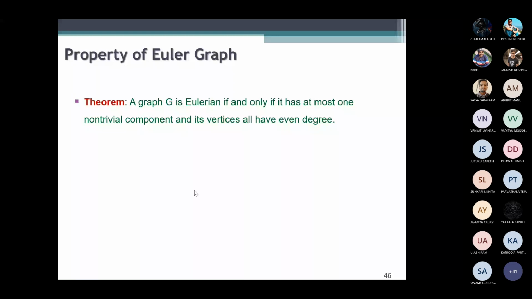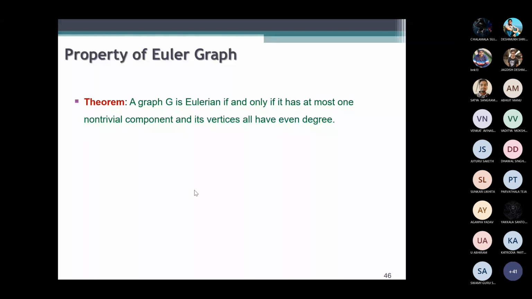The first statement says G is Eulerian if and only if it has a single non-trivial component. A non-trivial component means a component of the graph having at least a single edge. A single vertex cannot be a non-trivial component.